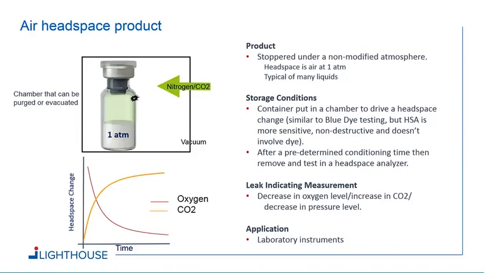If you decide to evacuate this chamber, you could also do that. You will then cause the initial 1 atmosphere headspace inside the vial to decrease, and you will see a decrease in pressure. And all of these things can be measured with headspace analysis, and you can design an analytical CCI test using these principles.